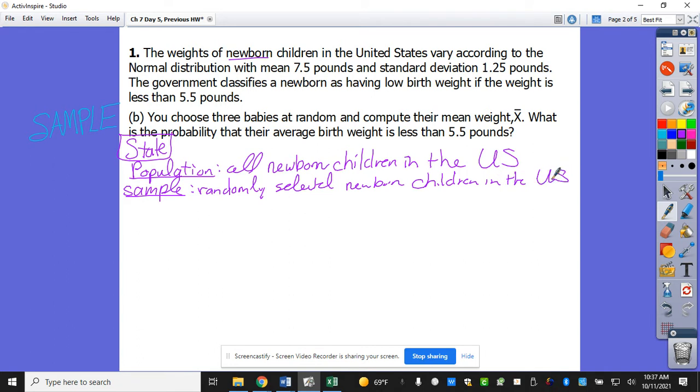What's the next thing I write? What am I defining? Well, mu stands for what? And again, you can say the mean something of all newborn children in the U.S., or you could just say mu is the mean weight, because the mean weight of all newborn children in the U.S. And then find P parentheses what?